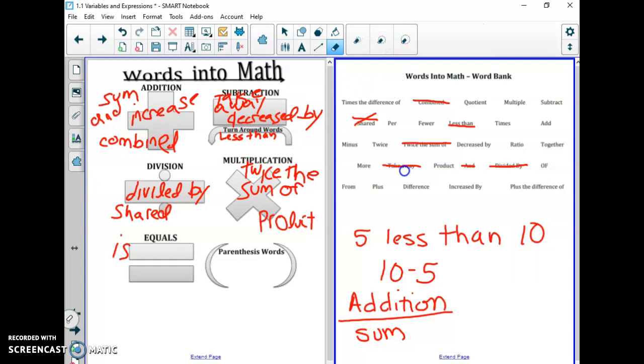How about quotient? What is quotient? What category does that go into? We had that one in the beginning. Anybody who's online, feel free to put your answers in the chat. I'm here watching them. Quotient, anybody know where a quotient would go? Add, subtract, multiply, divide. Talked about this one earlier.